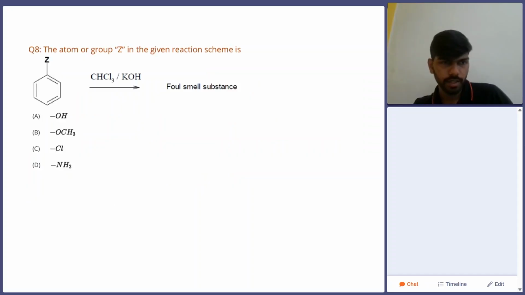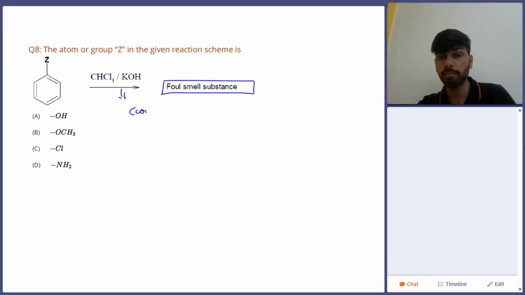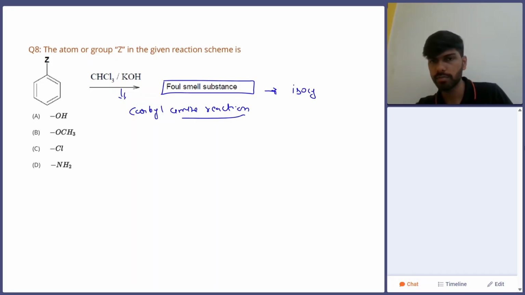Next question. The atom or group Z in the given reaction, and here there is a foul smell, and chloroform in the presence of KOH. This reaction is a very important reaction, the carbylamine reaction. And the foul smell that is obtained is from the isocyanide group attached on benzene.